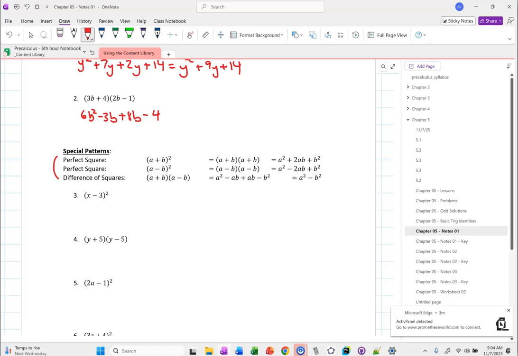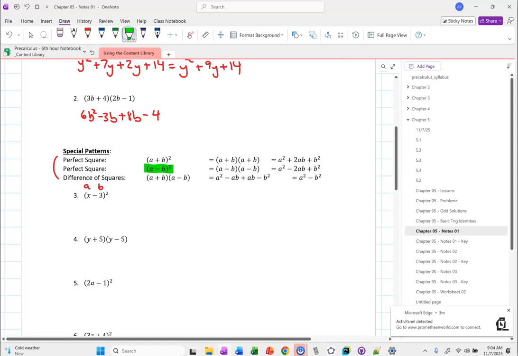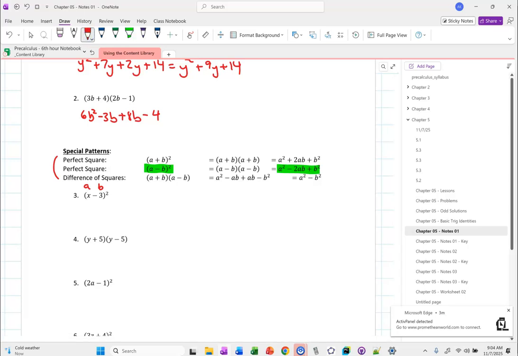So if I have x minus 3 squared, that looks like this situation. The x is like my a, and the 3 is like my b. So I can go straight to the FOILed out answer using that formula.